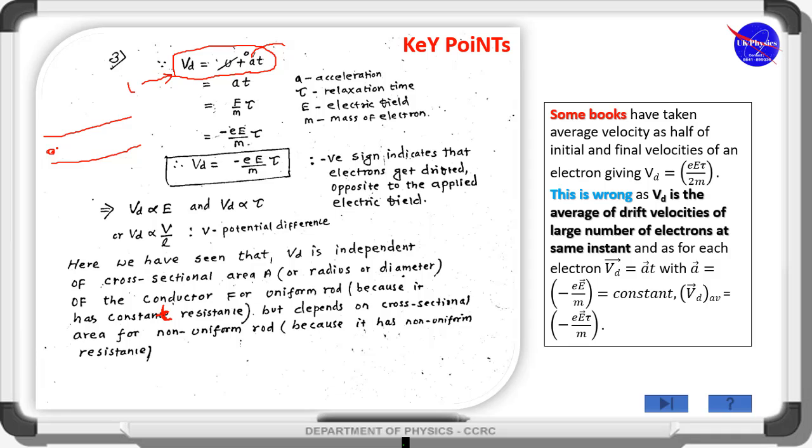In Newton's second law, if any particle experiences force, it undergoes some acceleration. The same happens in the case of an electron inside the conductor under the effect of an external electric field.